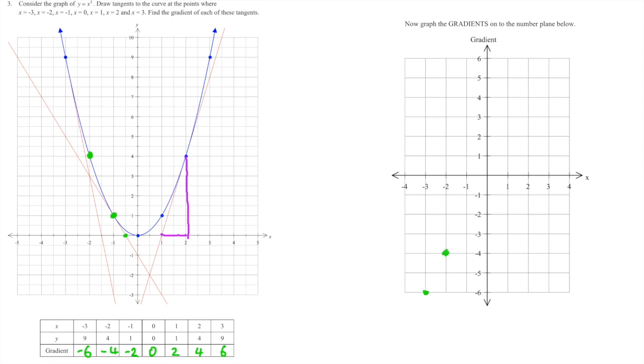Then -1, -2. Then 0, 0. And similarly, 1, 2, then 2, 4, then 3, 6. Join them, and that is called your gradient graph.